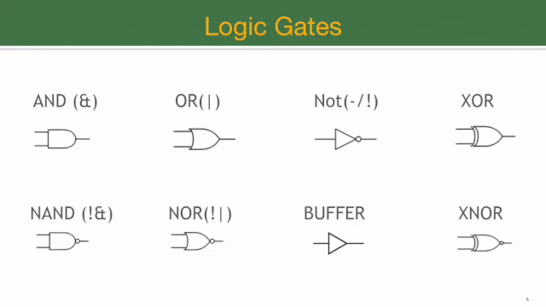So the symbol for AND is a D with two inputs and one output. So this will be input A or X, this will be input B or Y, and this will be our result of A and B or X and Y.